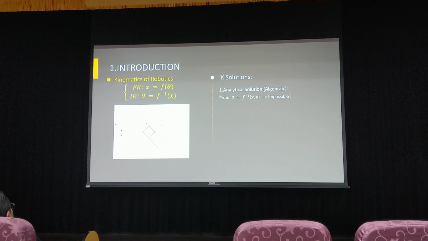But the problem is if we want the robot leg to move to a certain place, like a given x, y, or x, y, z, it is impossible to just calculate the inverse to get the angles of the motors unless we have the math equation, because the math equation is actually quite complex.